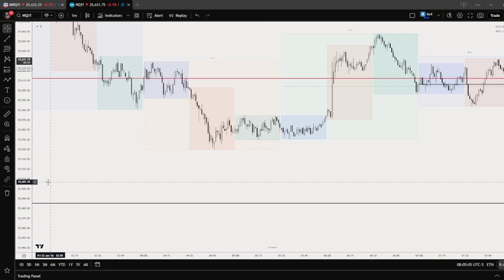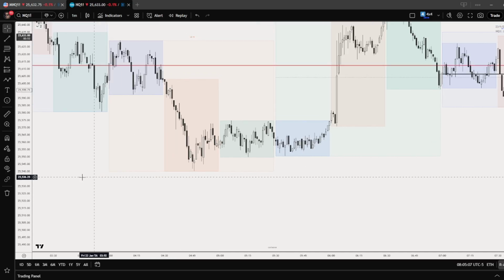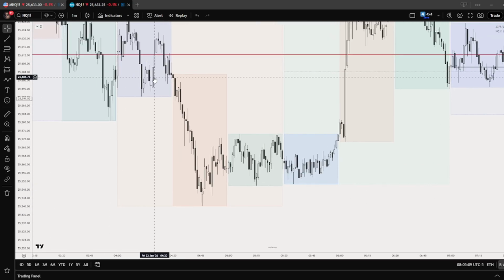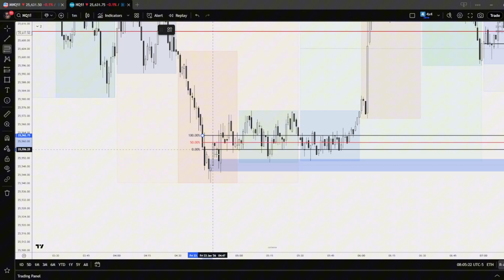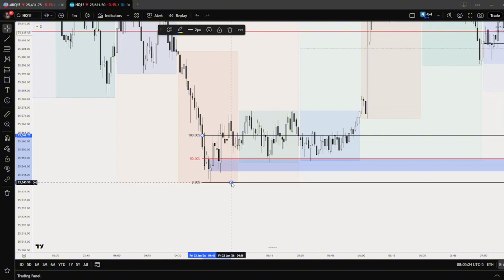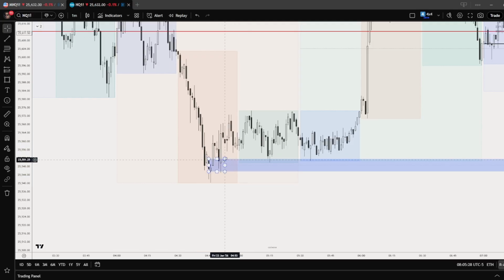Usually the first presented PDRA on the right side of the curve is the order block, like here. So if you want precise entries, wait for a retrace to the order block combined with the 50% of the first distribution leg, and this is your dream entry.